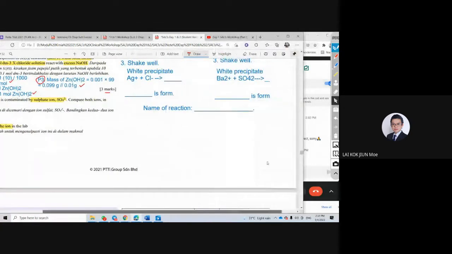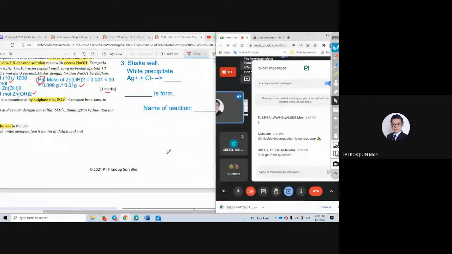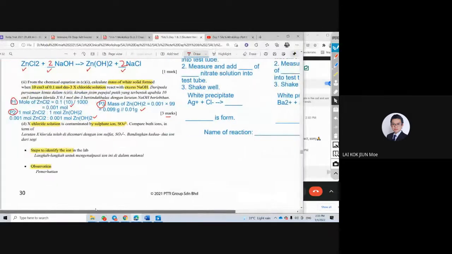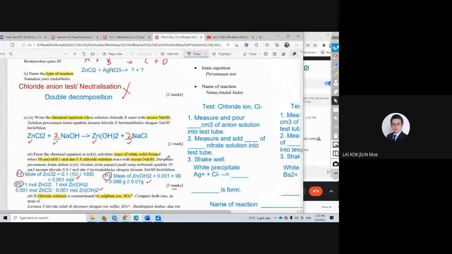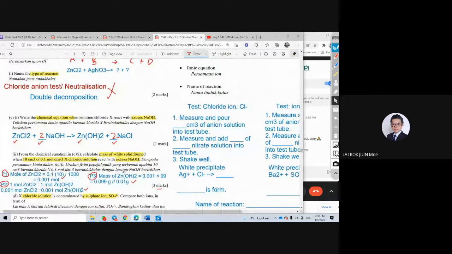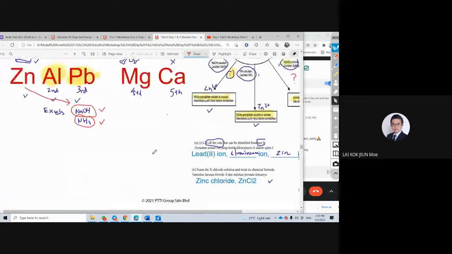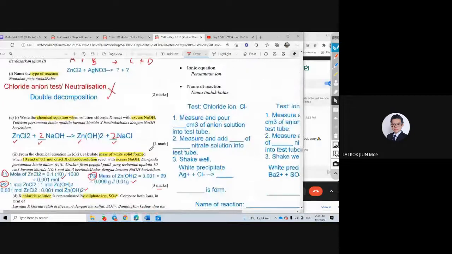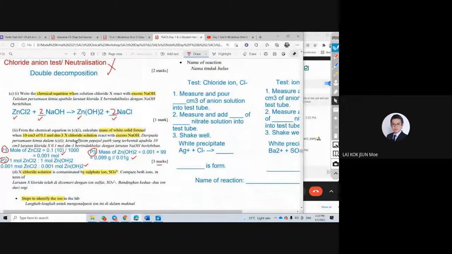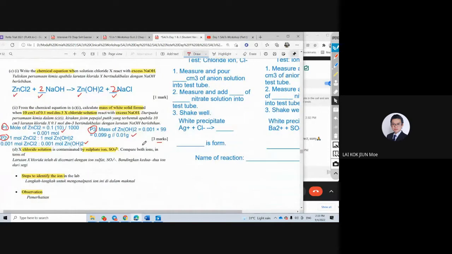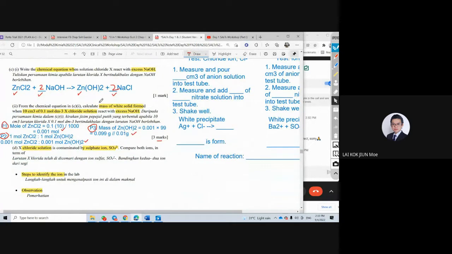Okay. 99 is taken from the question. What does it mean? We got 99. 99 is the what? I think it's the molar mass, is it? I'm not sure whether you got molar mass 99. You can try to call for Mr. Lai from the equation. I think this one should provide you the molar mass.